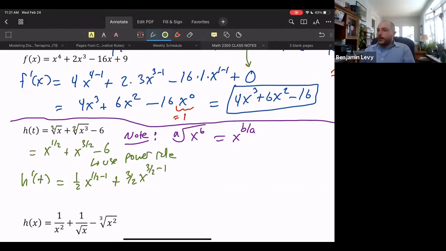And then remember, when you take the derivative of the number 6, that's the constant rule, and we just get 0. And so you don't have to write that, but I'm just being clear about where the 6 went. And then when we do the subtraction in the powers, it just becomes 1/2 x to the minus 1/2, 3/2 x to the 1/2, and then we don't have to write the 0 part anymore.